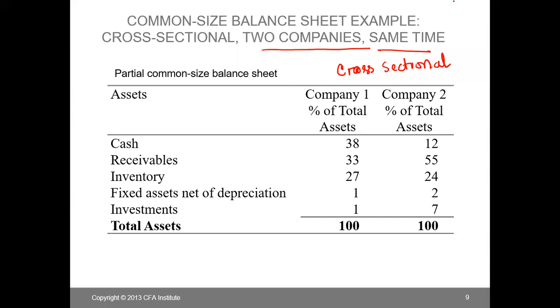Is it that company 2 is actually getting more sales, or company 2 is offering more discount policies, or company 2's product is more attractive to the customers? What is the actual reason why the receivables are higher relative to their peer company?